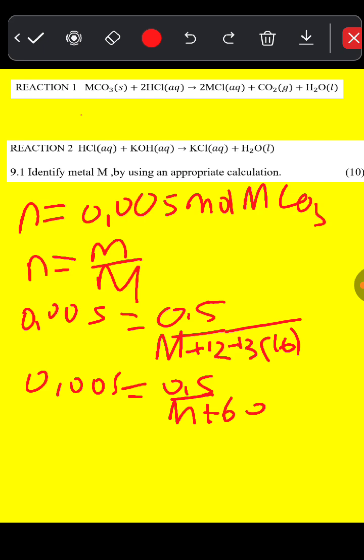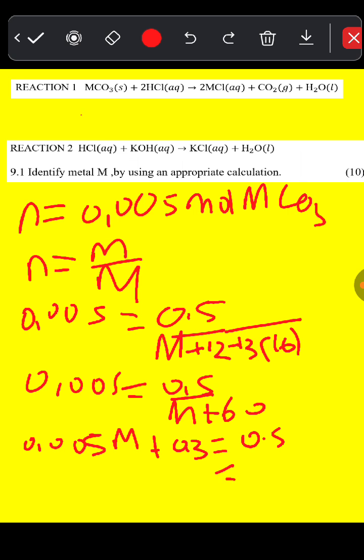So if you cross multiply, you will have 0.005 M plus 0.3 is equal to 0.5.